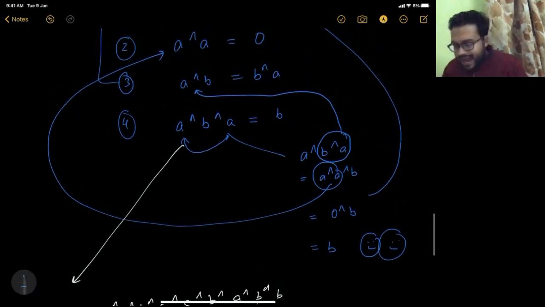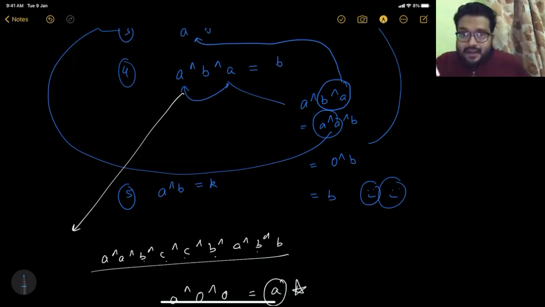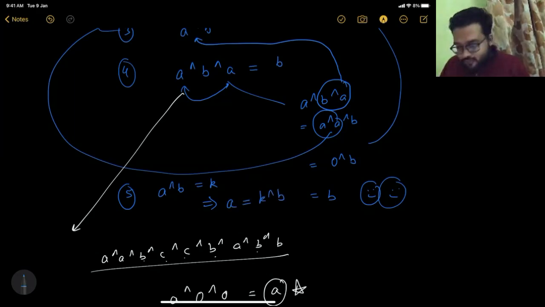The last property here is, let's say I tell you two numbers, when you XOR them, you get a K. So if I XOR A and B, I get K, which represents the exclusive set bits in A and B. Isn't that correct, guys? K represents the exclusive set bits in A and B. This will essentially imply that your A will be K XOR B and your B will be K XOR A. How many of you can understand this?